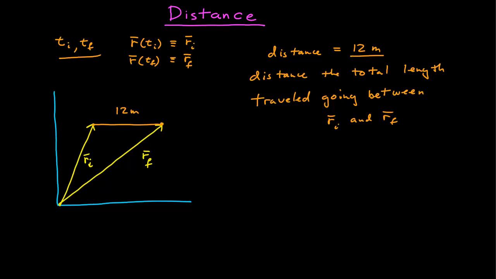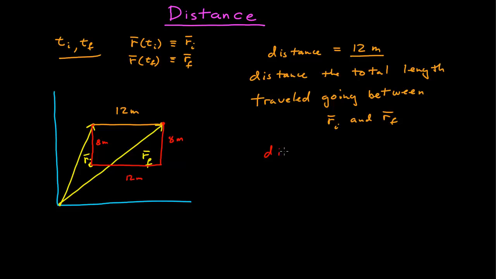So, for example, if the particle did not go in a straight line as shown, but if the particle went, say, down this way 8 meters, and then straight over 12 meters, and then up 8 meters.